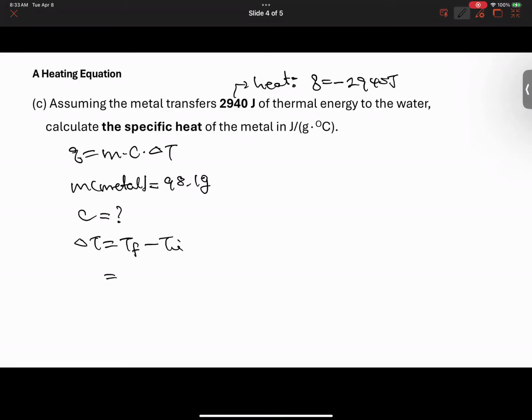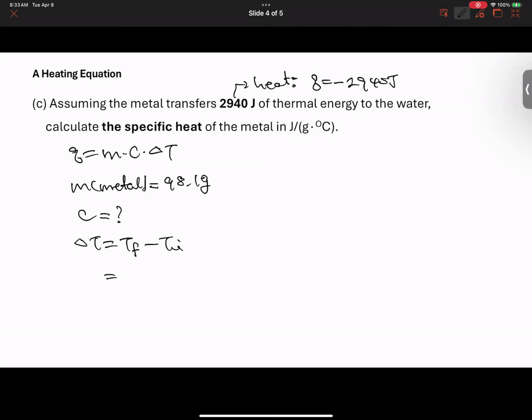Because the metal is added to the water, it is in thermal equilibrium with the water. When the water temperature is hitting the highest point, it is because at that time thermal equilibrium is established.